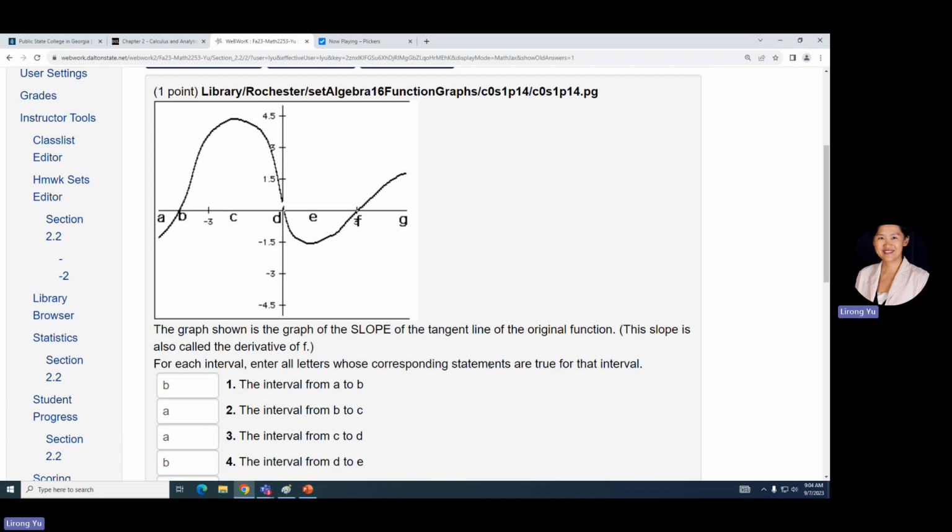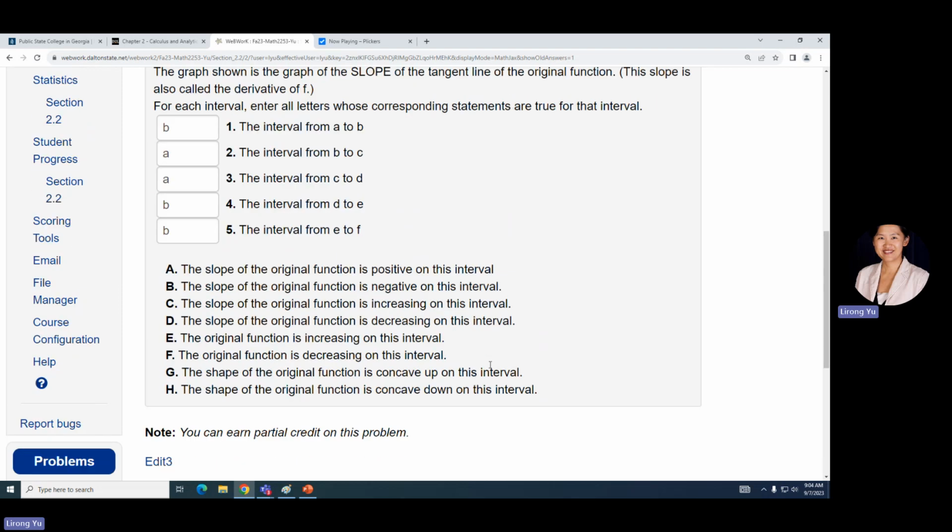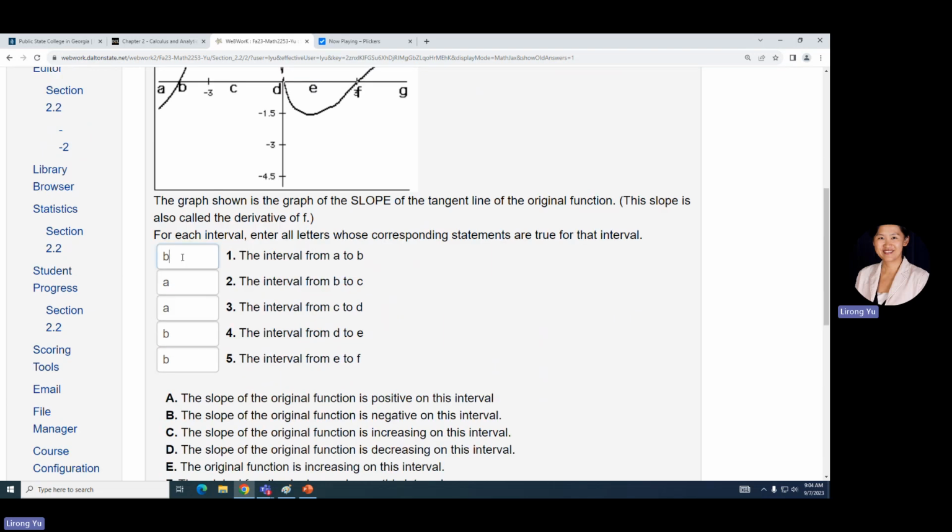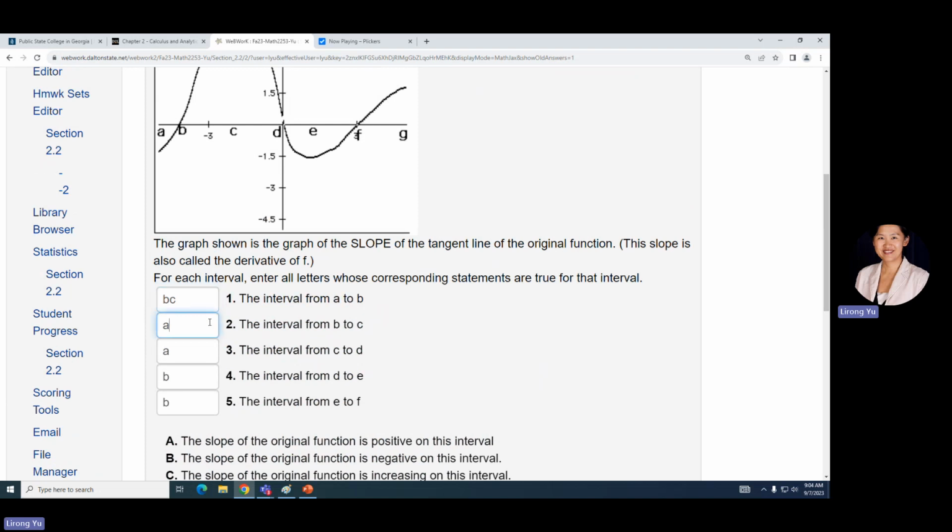Are we okay? So we're going to assign, from A to B, increasing or decreasing. So it's increasing. Which one says increasing? That is C. So every part that has increasing will go C. B to C is also increasing. Then E to F is also increasing. Putting C there.